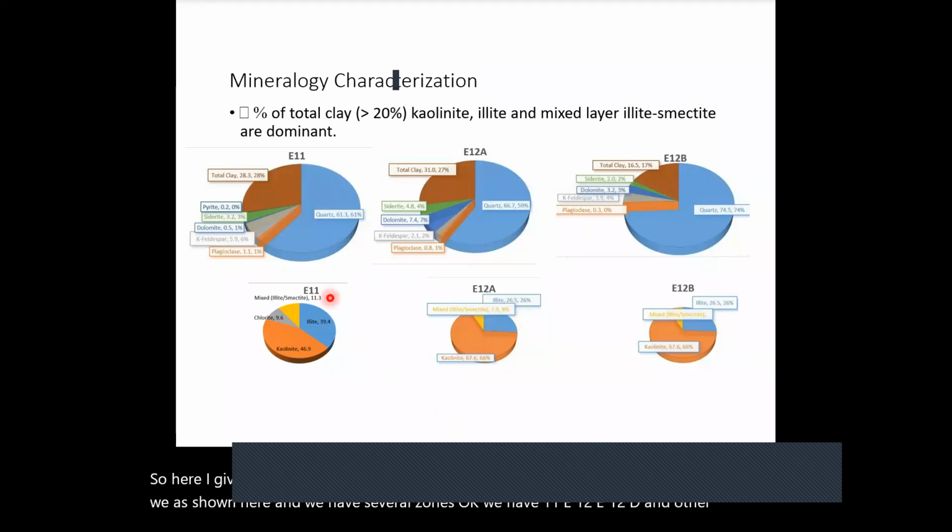For each zone, the total clay, quartz, feldspar, and other types of minerals are indicated. This is very important information in order to come up with the right volume of acid, the right concentration of the acid, and the design that can be done here.